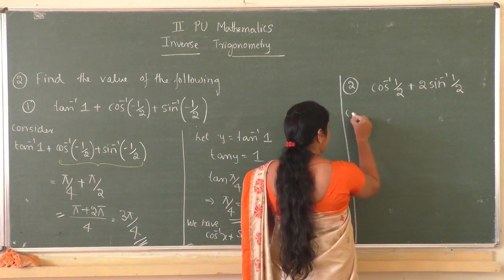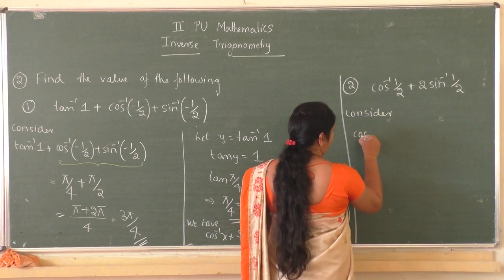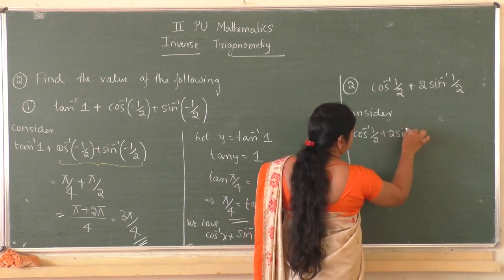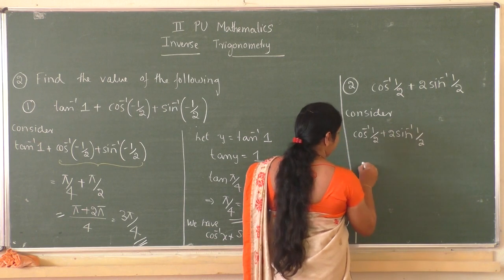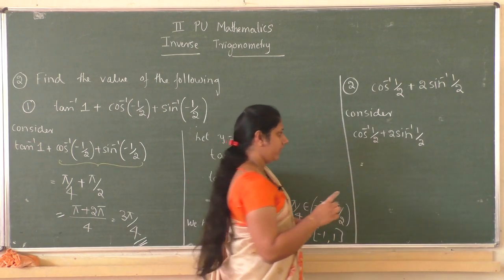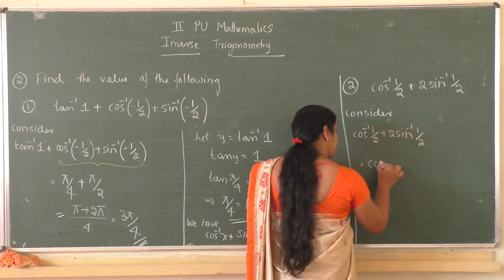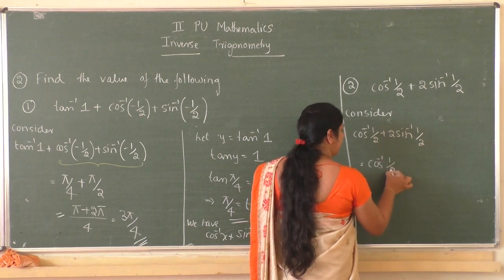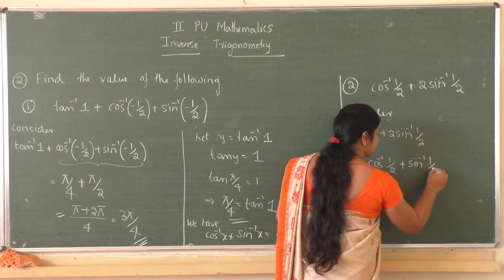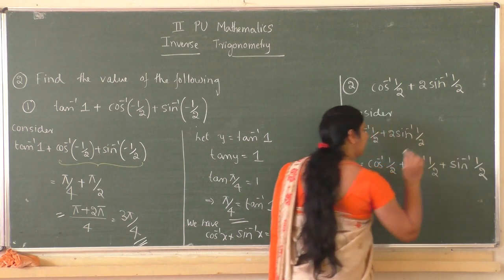See, I will consider the term cos inverse half plus 2 sin inverse half equal to, see, I can write 2 sin inverse half as sin inverse half plus sin inverse half, right? So the term can be written as cos inverse half plus sin inverse half plus sin inverse half.